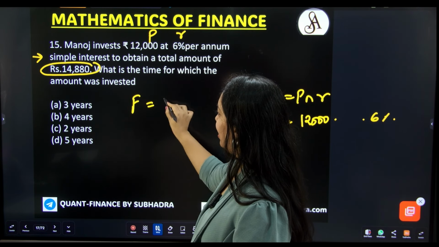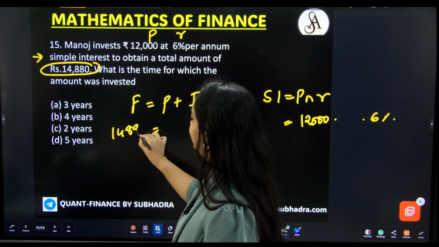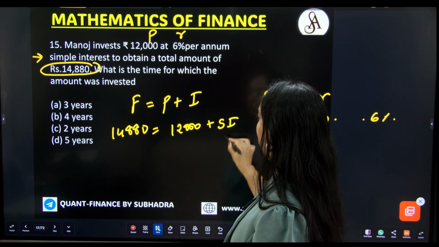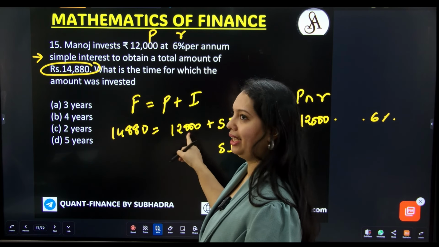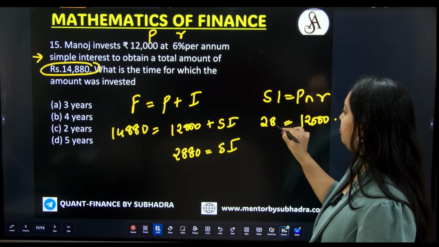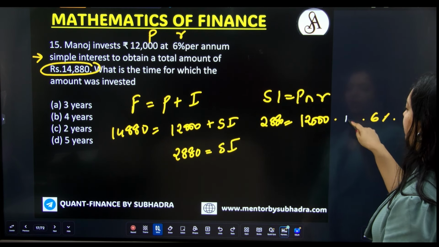I know future value is principal plus simple interest. Future value 14,880 is principal 12,000 plus simple interest amount. So what is the simple interest? This minus this, I'm going to get the value as 2,880, which I'm going to replace here in this formula. 2,880 is equal to P into N into R.